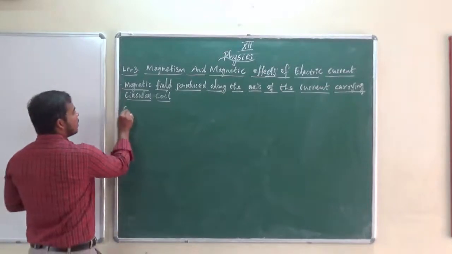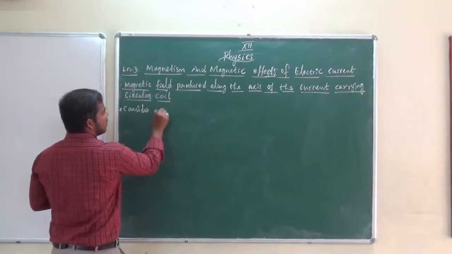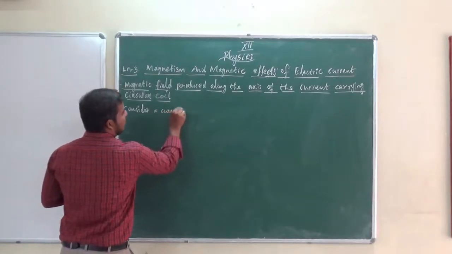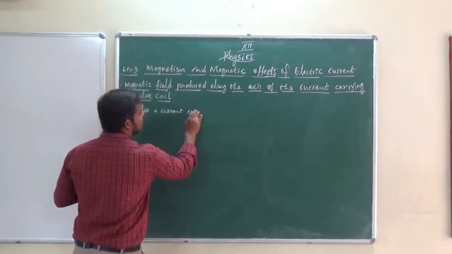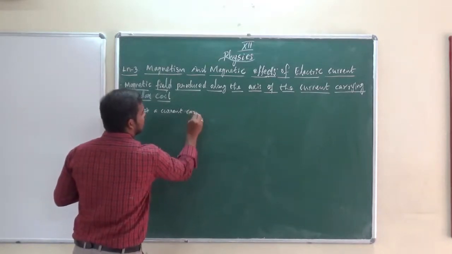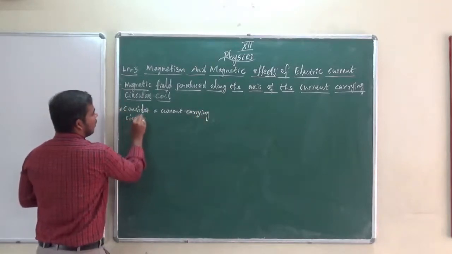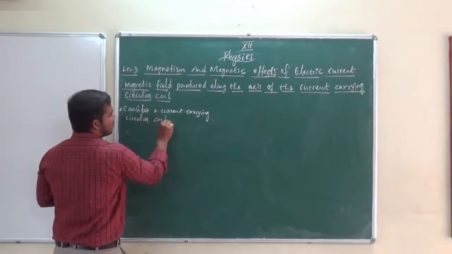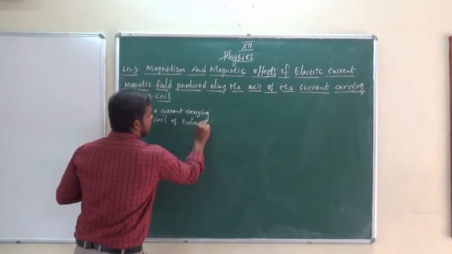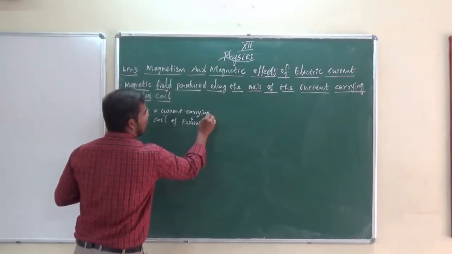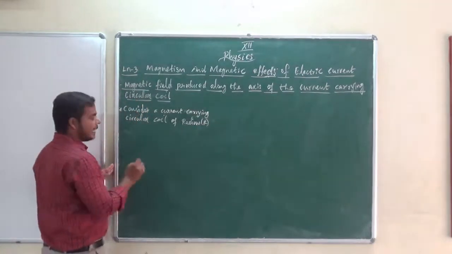Consider a current carrying circular coil of radius R, capital R. I will draw the diagram.